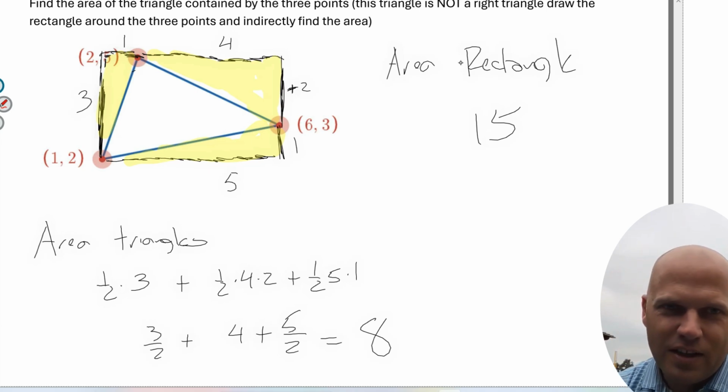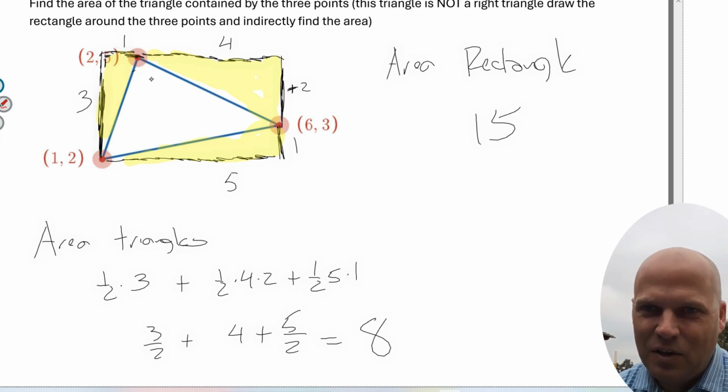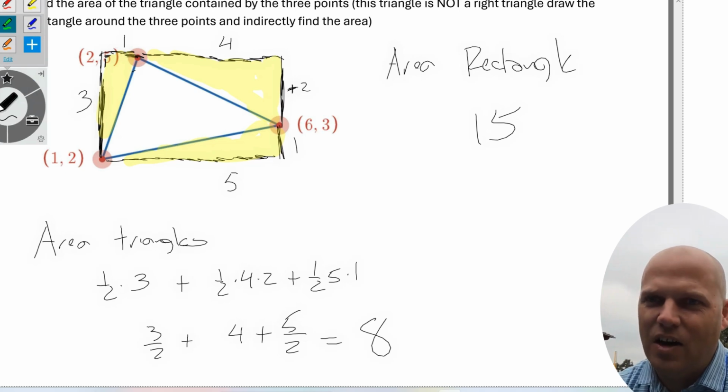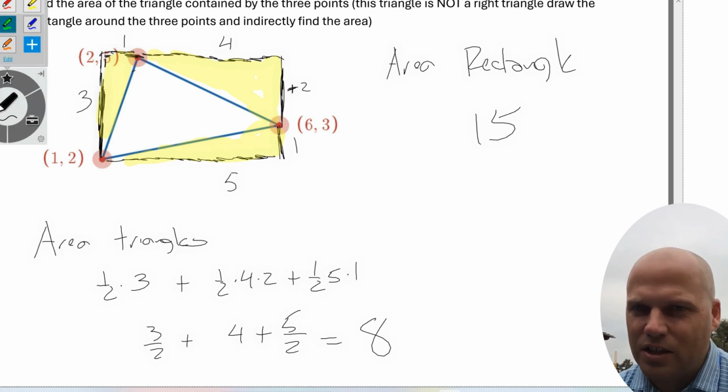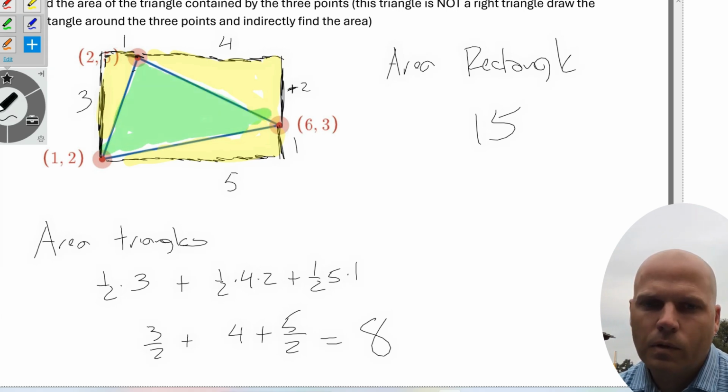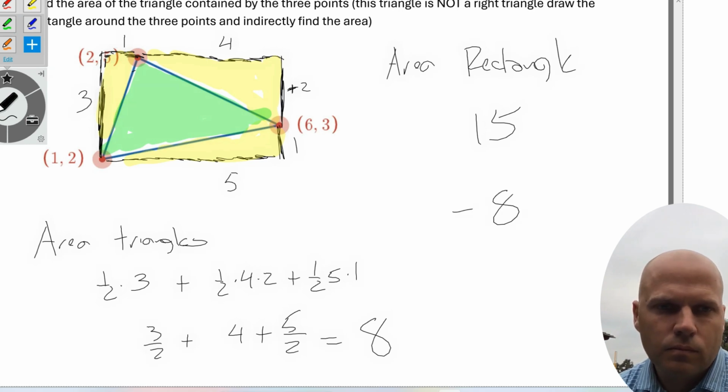The area of the rectangle minus the area of the yellow triangles gives me the area of that nice triangle in the middle, which is actually a beautifully easily found number. 7.